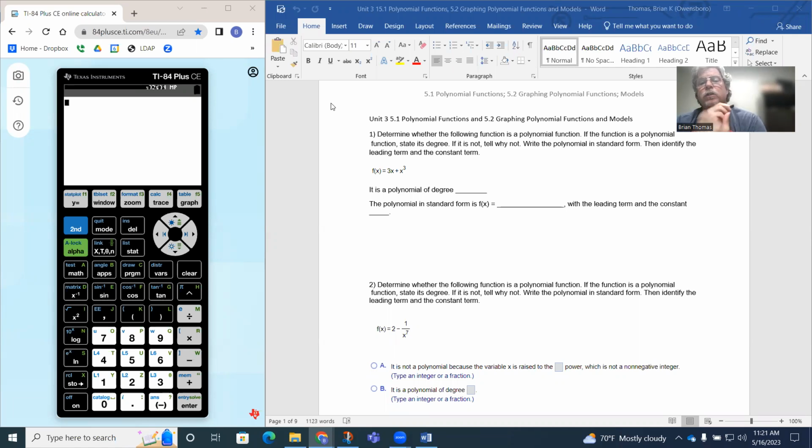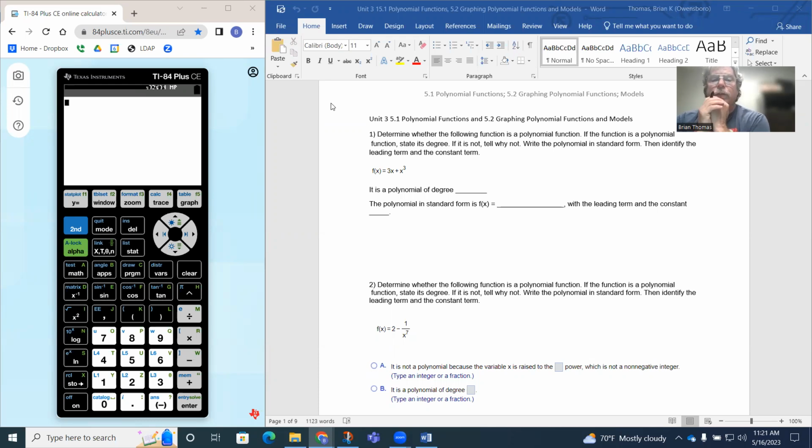Determine whether the following function is a polynomial function. If it is a polynomial function, state its degree. If it's not, tell why not. Write the polynomial function in standard form, then identify the leading term and the constant.